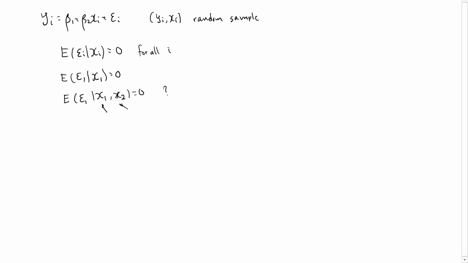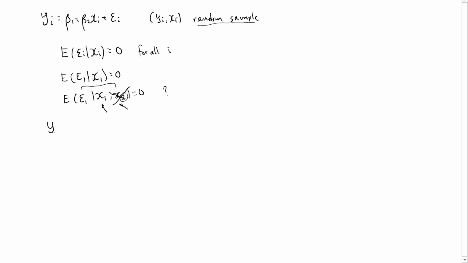Well, the answer is we have made the assumption of a random sample, so anything with a subscript 2 will be independent of anything with a subscript 1. So we know for a fact that these will be independent, and it really makes no sense conditioning on x_2 because we know that that will not provide me any information about the observation with index 1, so we can cancel that, it makes no difference.